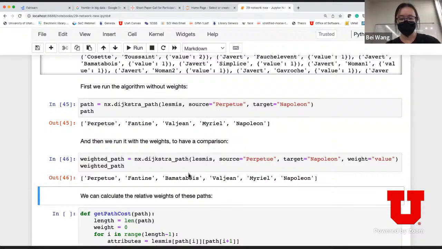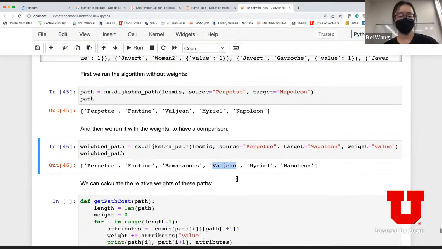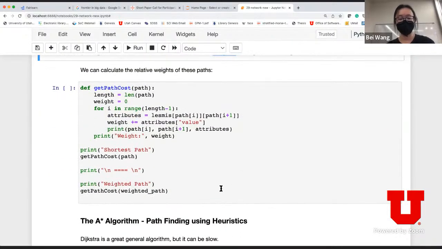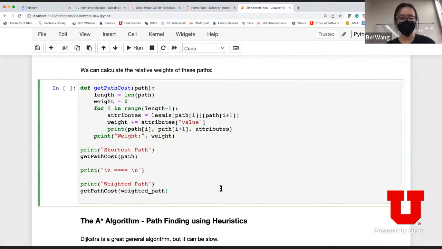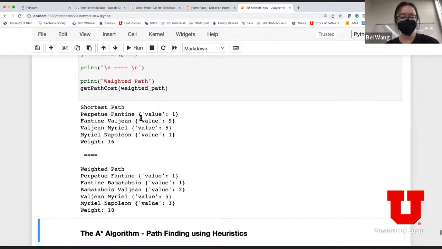In fact, it visited one more character and came back to the major path. And then you can, of course, compute all the relative path weights. You can say, in the unweighted situation, what is the shortest path? In the weighted situation, what is the shortest path?